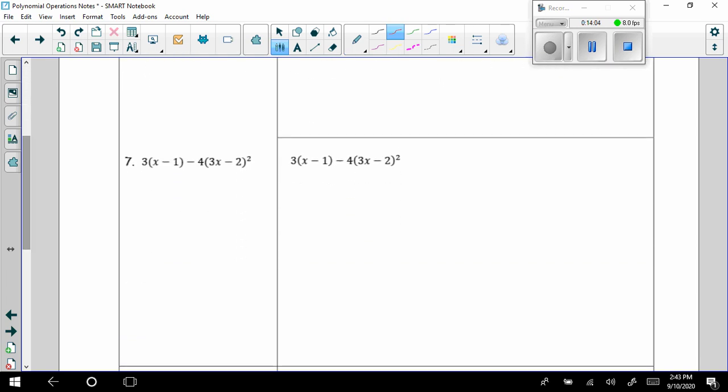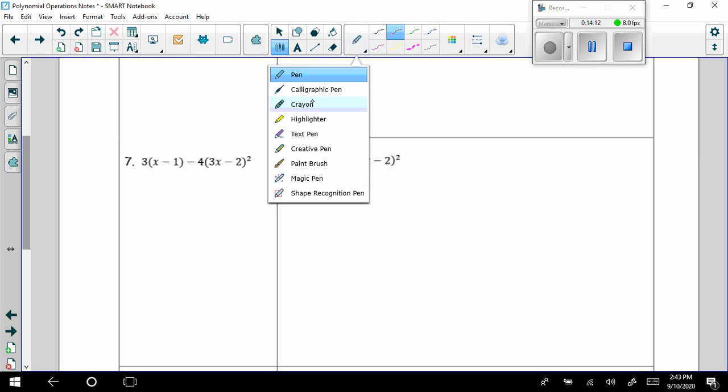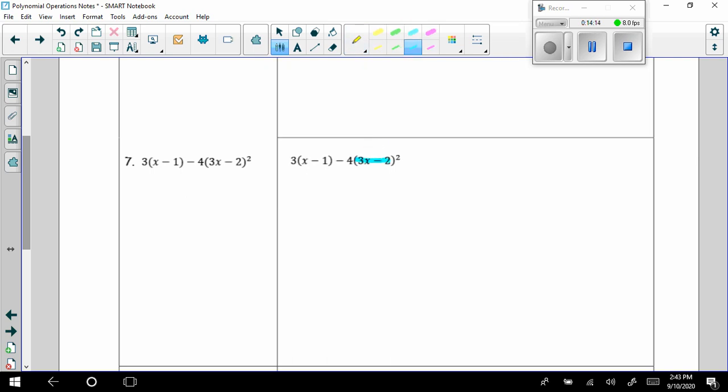All right, combining your operations, you're going to follow order of operations here to solve this out. Okay, so the first thing that we want to do is get rid of our parentheses. Well, in order to get rid of our parentheses, we have to first get rid of our exponent. And so we're going to do (3x - 2) times (3x - 2).